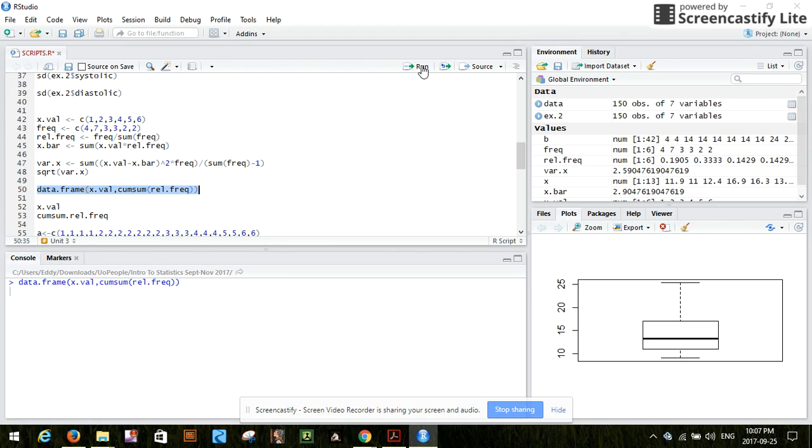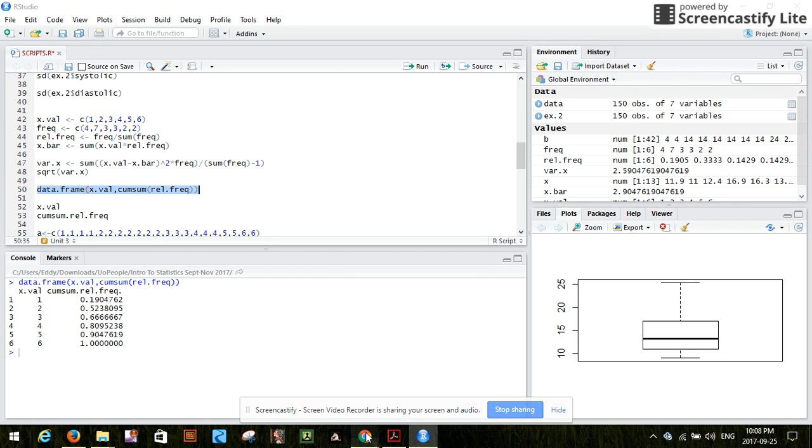If I run this, basically we are saying that for one value, the cumulative frequency is 19%. For two, we have 52%, and so on. This is the cumulative frequency. You see that because when we get to six sneakers, we have 1.